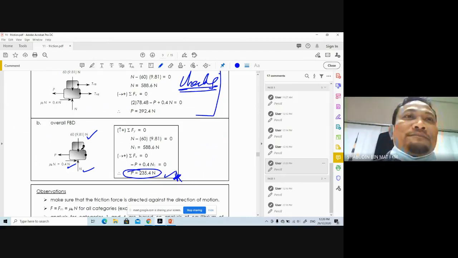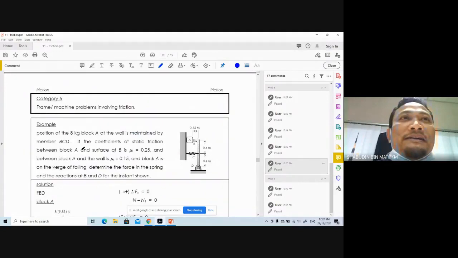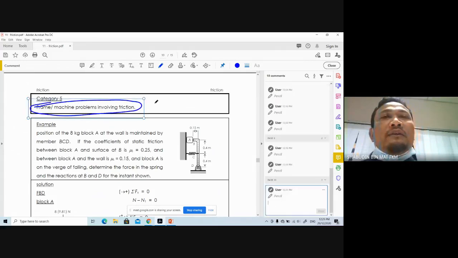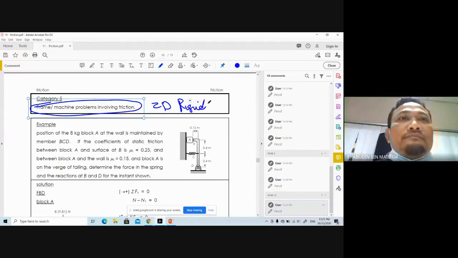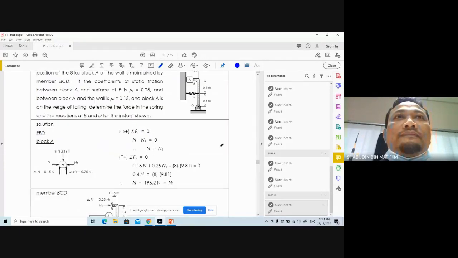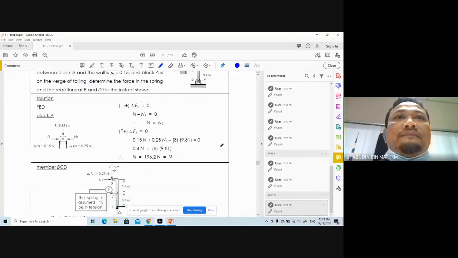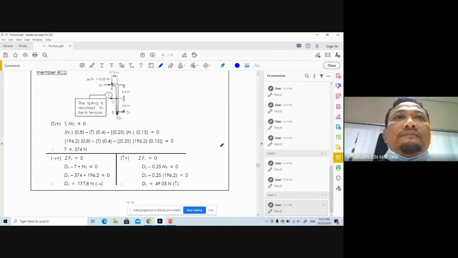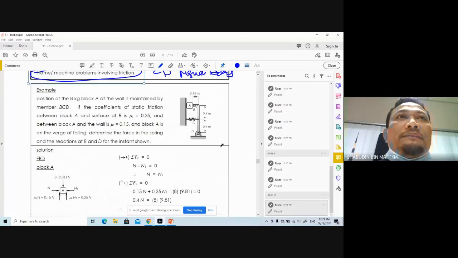Okay, we do the last one. The last one is the famous one: the frame or machine problem, a 2D problem that involves 2D rigid bodies. Please have a read of this example.